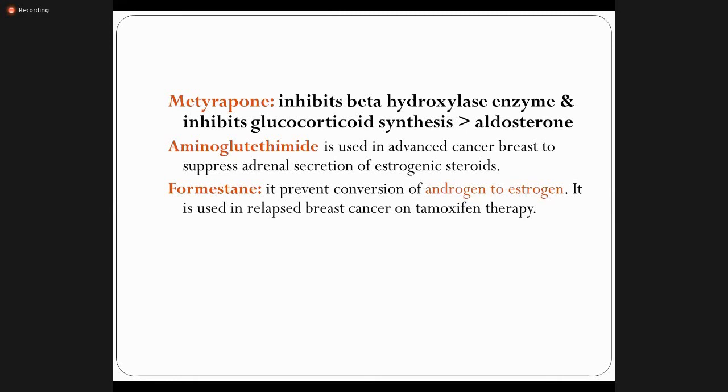We have already discussed the adrenal cortex: zona glomerulosa, zona fasciculata, zona reticularis. The reticularis is responsible for releasing androgen and estrogen, right? Formestane prevents conversion of androgen to estrogen. It is used in relapsed breast cancer on tamoxifen therapy.